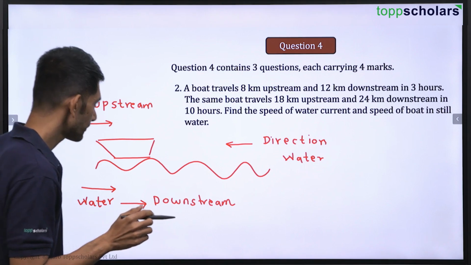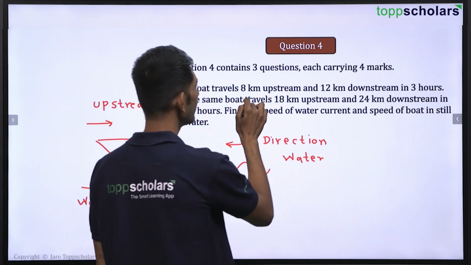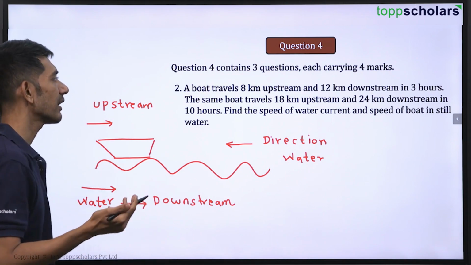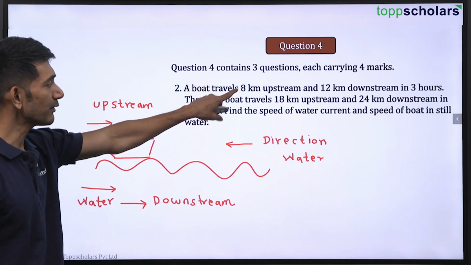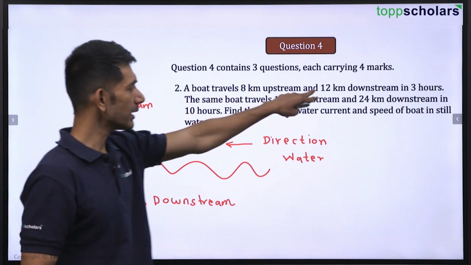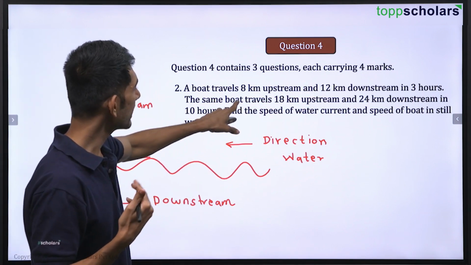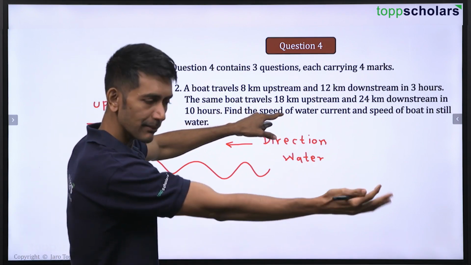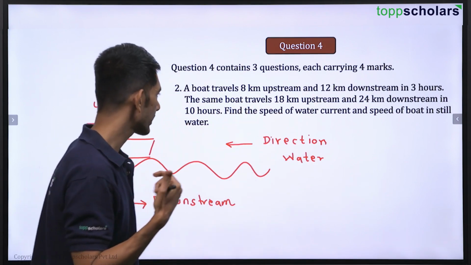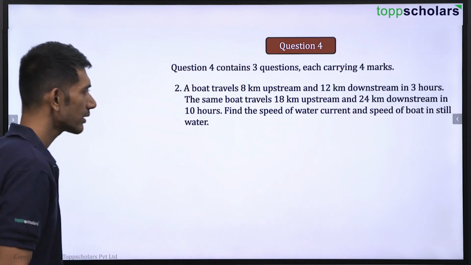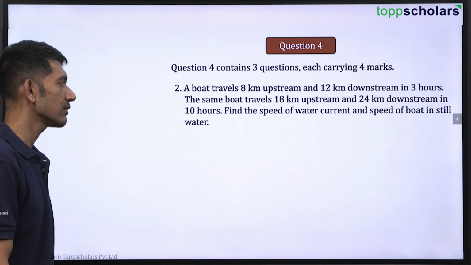So it says a boat travels 8 kilometers upstream and 12 kilometers downstream in 3 hours. Upstream will be a bit of a struggle, downstream you will come fast. The distance is increased. Similarly, the same boat travels 18 kilometers upstream and 24 kilometers downstream in 10 hours. We are supposed to find out the speed of the water current and the speed of the boat in still water.